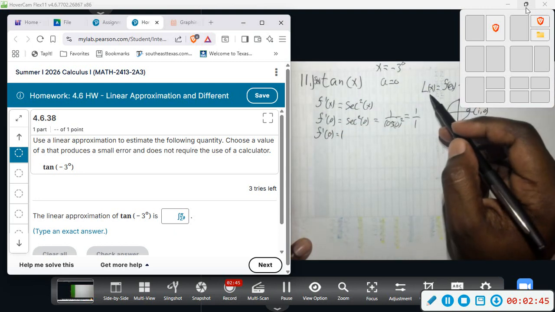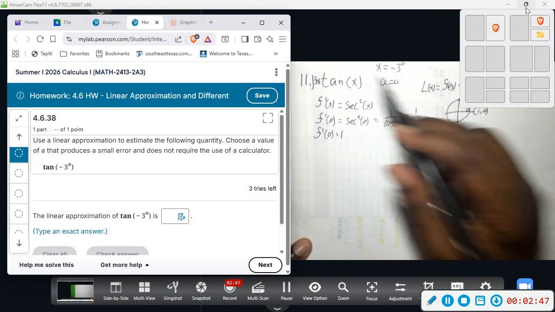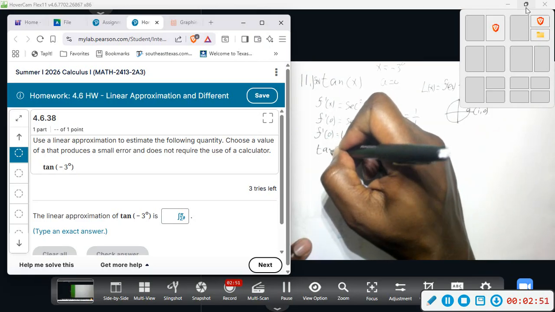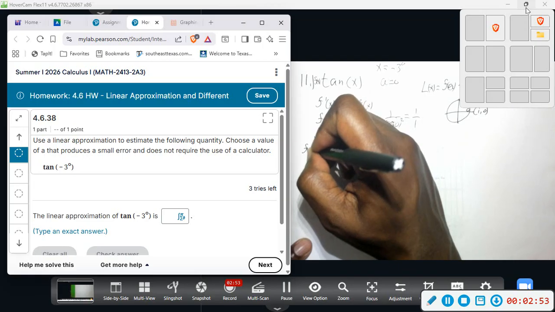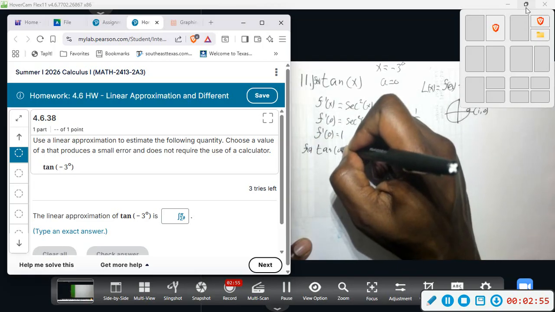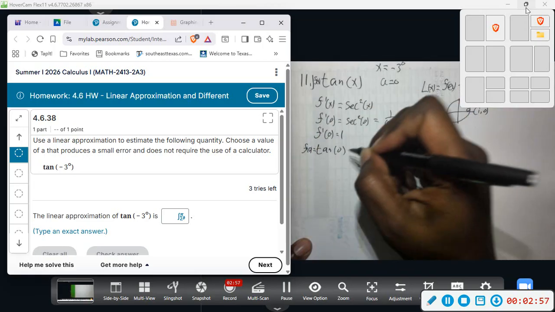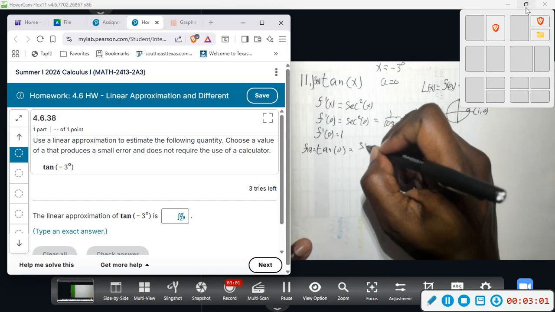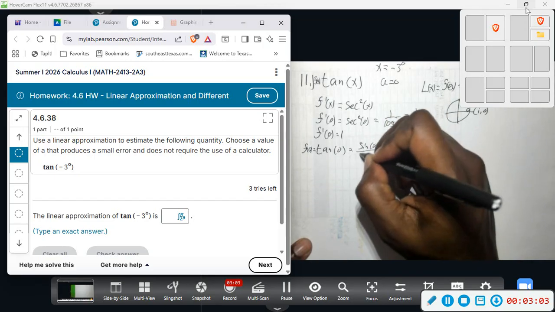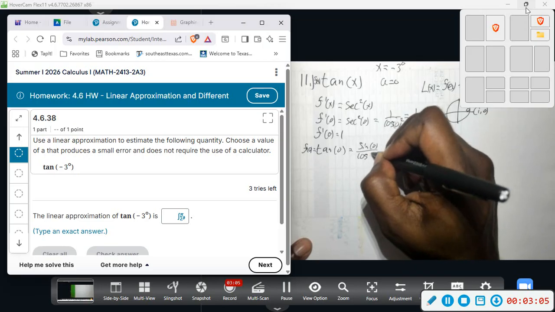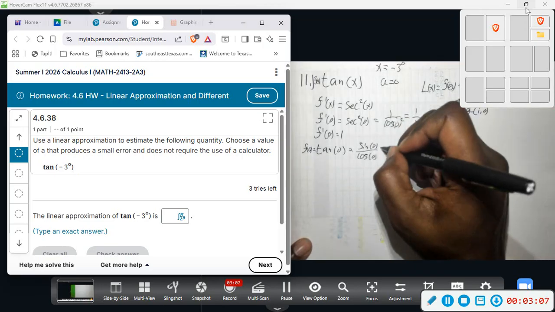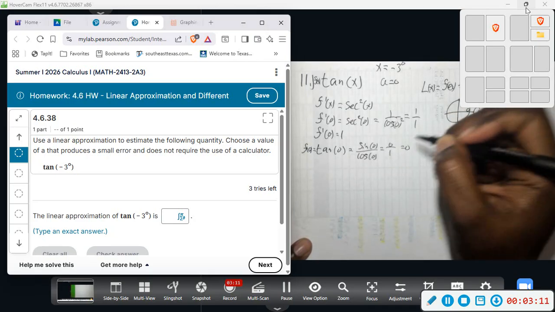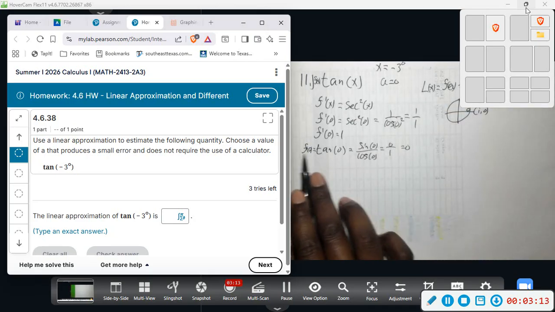We're going to plug 0 in for tangent. So this is our f of 0. Tangent is sine over cosine. Sine, in this case the y value, is 0 over 1, which is just 0. Okay, so I have my two values.